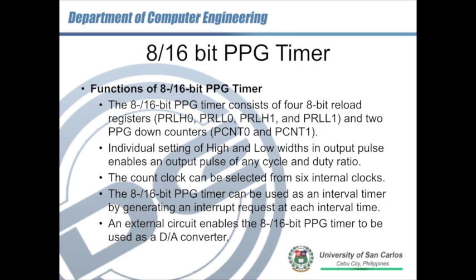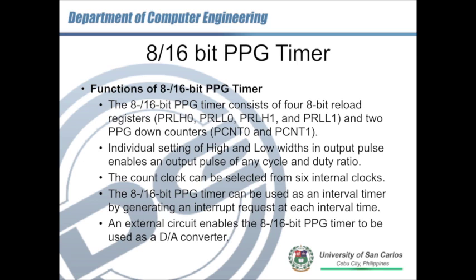So PRLL0 is the lower byte for PRLH0, and PRLH1 is the high byte and PRLL1 is the lower byte. And there are two PPG down counters since it's a reload timer. So we have PCNT0 and PCNT1.